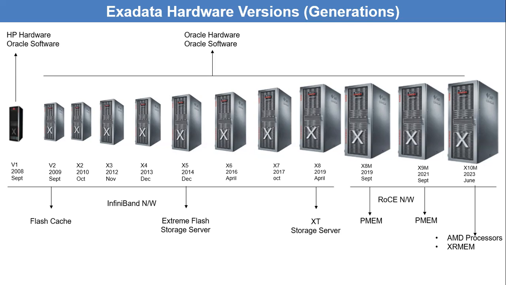So starting from version 1 till X9EM version, the processors were Intel Xeon processors, both on database servers and storage servers. In the latest version, X10M version, Oracle started using AMD processors, because AMD processors are very dense processors. They support more cores on a single socket.